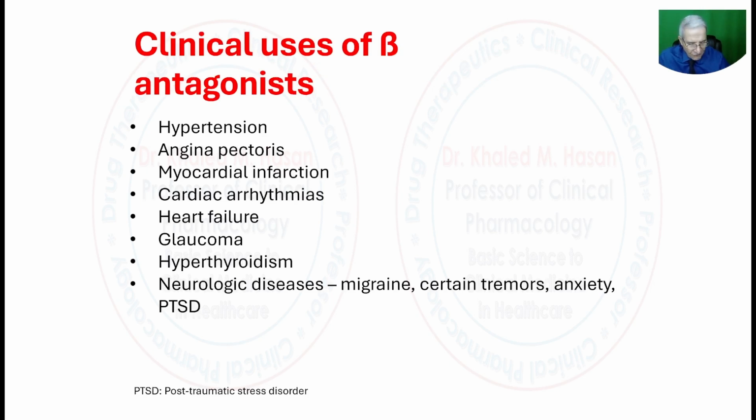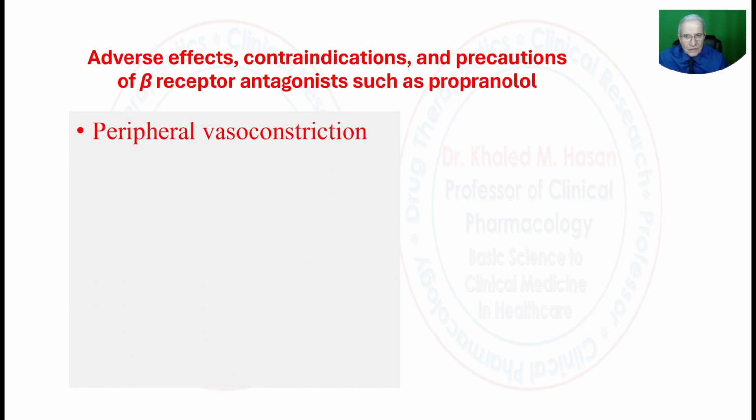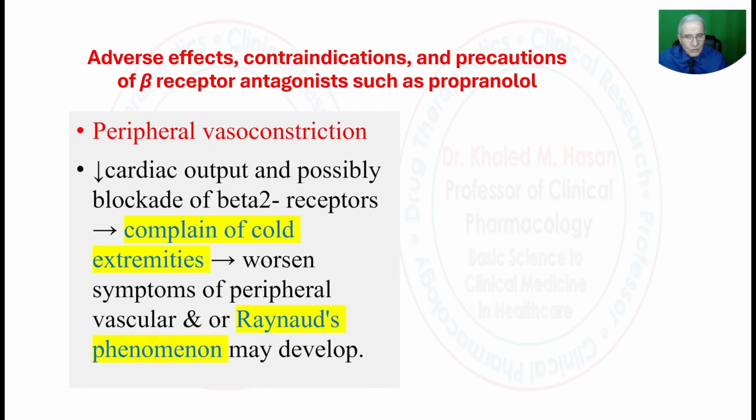Is there any side effect or unwanted effect related to beta blockers? Yes. Adverse effects, contraindications, and precautions of beta blockers such as propranolol. Propranolol may cause peripheral vasoconstriction. This is explained by decreased cardiac output and blockade of beta 2 receptors, and the patient may complain of cold extremities, cold hands and feet.